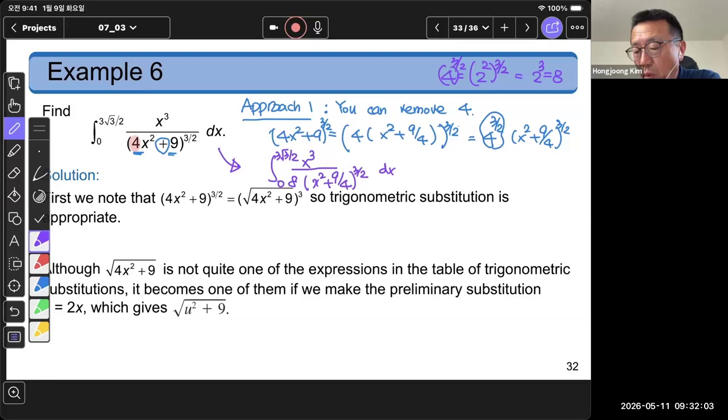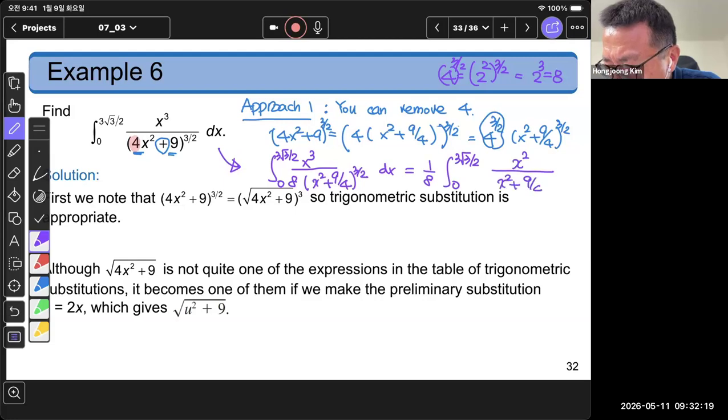Or 1/8 times the integral from 0 to 3 square root of 3 over 2 of x cubed over x squared plus 9/4 to the 3/2 power dx. So now I have x squared plus something squared, right?